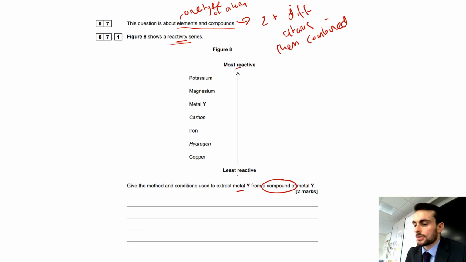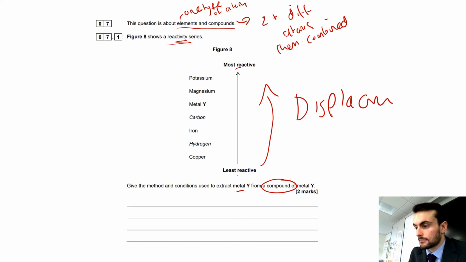So there's a couple of ways that you could do this. The first thing I'm thinking when I see reactivity series, what is the number one thing that you were taught and what you were talking about in lesson when you were talking about reactivity series? It was primarily about displacement reactions. So when a more reactive element, metal, will displace a less reactive metal.